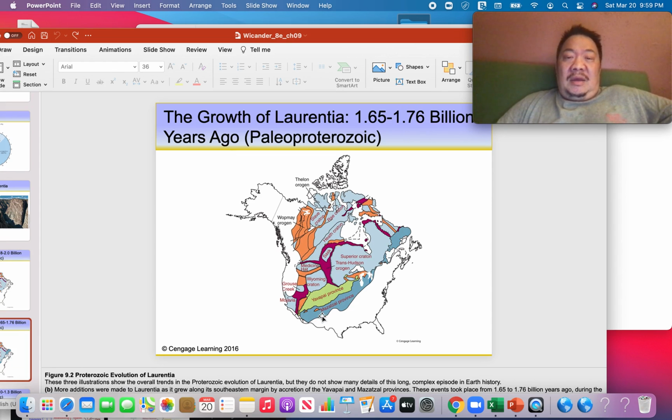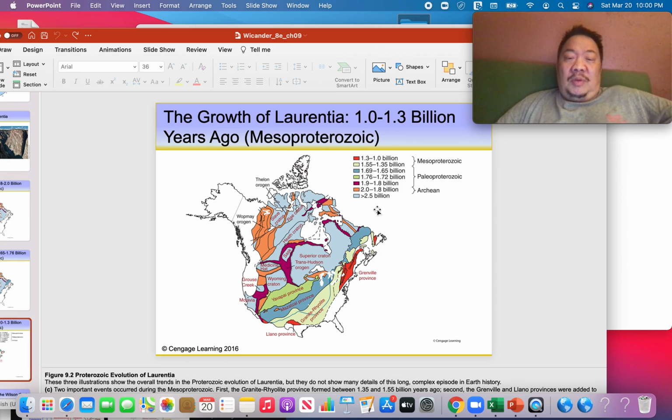Then by 1.65 to 1.76 billion years ago, new land was added to the southeastern margin of Laurentia with the addition of the Yavapai province and the Mazatlan province, which goes all the way from New Mexico through Michigan up to Canada. But you can see that Laurentia is growing towards the southeast during the Proterozoic Eon.